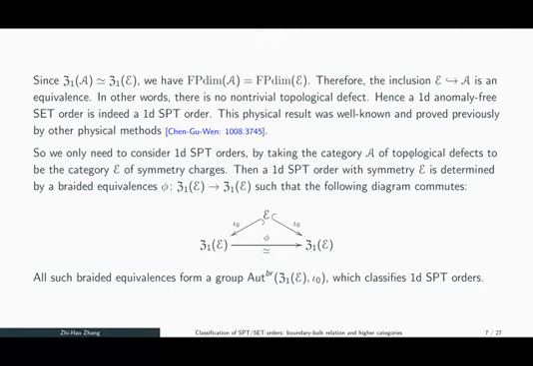All these Morita equivalences form a group, denoted by this automorphism group. It is the automorphism group of the Drinfeld center of E that preserves the embedding from E to the Drinfeld center. And this group classifies the 1D SPT orders. Recall that 1D SPT orders form a group, and it should be the same as this group.